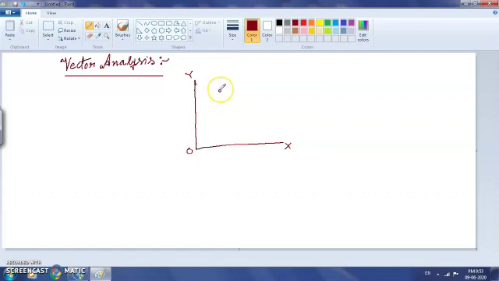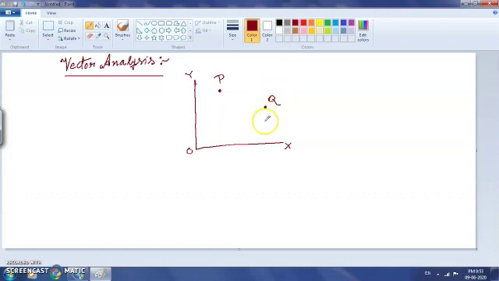Here is a point. As per coordinate geometry, it will have a coordinate, that is (x, y) or something else. After t time, this point P has been displaced and its final position is Q.